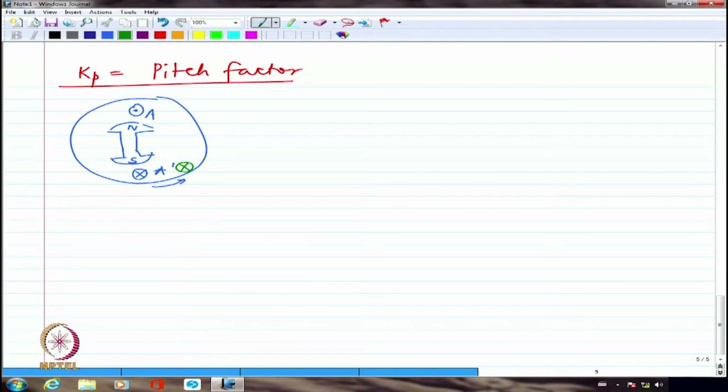So I may have this at some 150 degrees or 170 degrees or something like that, depending upon how I am designing the machine. This is done specifically to eliminate some of the harmonics in the waveform.